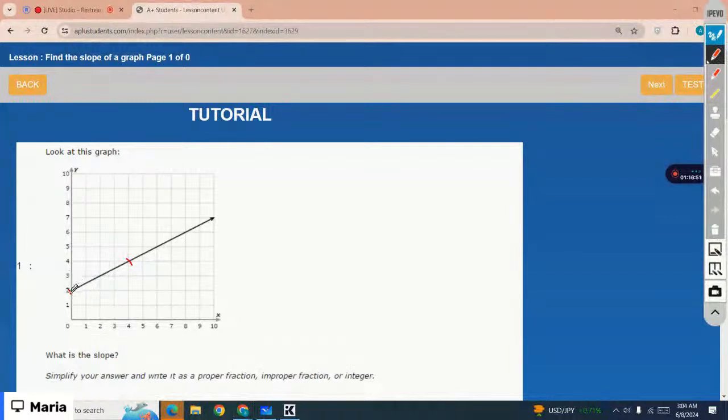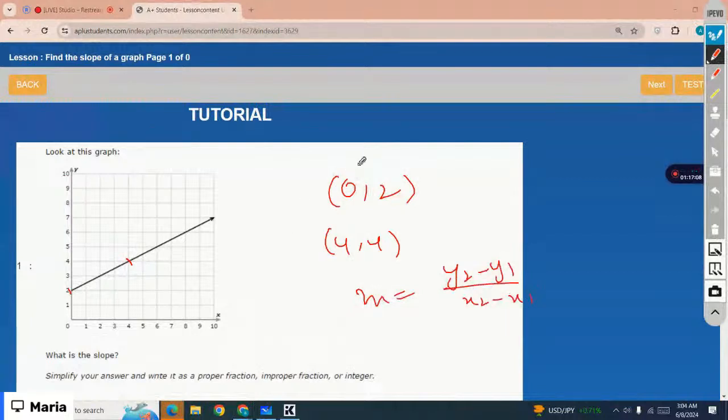The coordinates of the first one are x is 0, y is 2. And the coordinates for this one are x is 4, y is 4. You have to use the formula to calculate the slope, that is m equals y2 minus y1 divided by x2 minus x1, right? This is x1, y1. This is x2, y2.